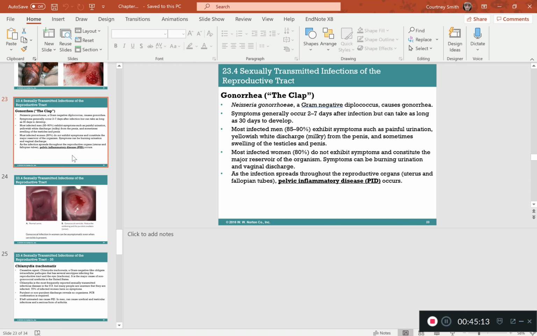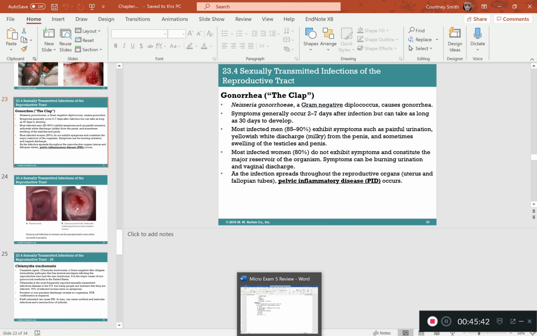But with women, if it continues to go untreated, she can develop something called PID, which is a severe inflammation of pelvic organs such as the uterus and the fallopian tubes, and PID can lead to fertility issues. So definitely make sure you are being safe sex conscious.